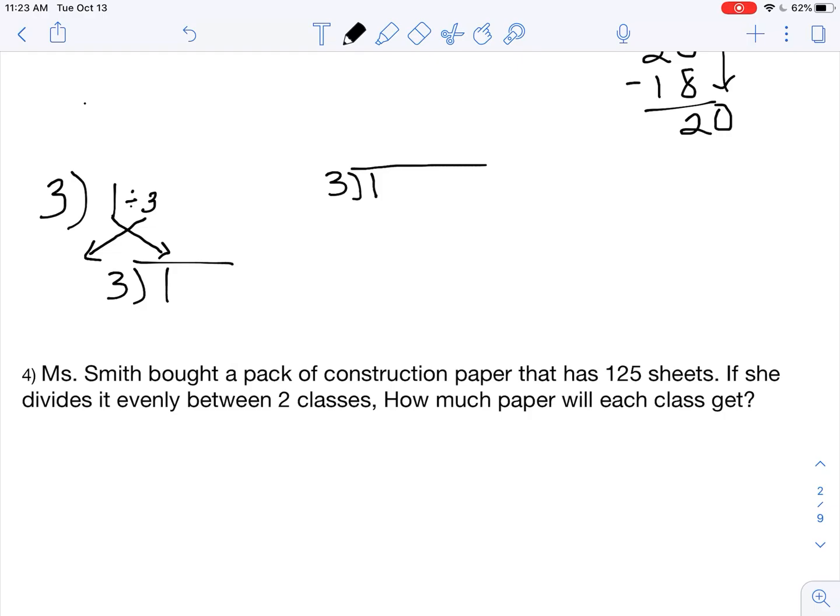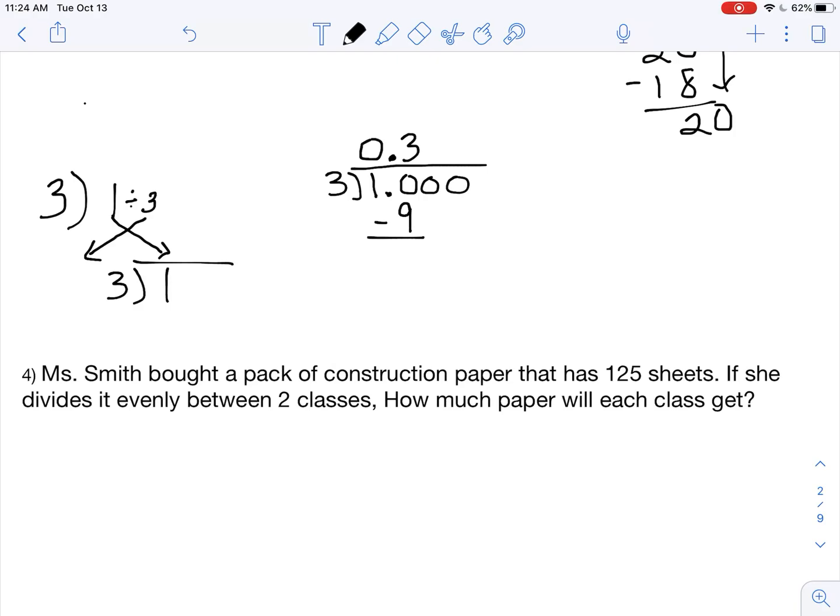I'm just going to give myself some more room here. So clearly I cannot make a group of 3 out of the 1, so we're going to put a 0 just above it. And then I'm going to add a decimal point like we did in the questions earlier, and some zeros. 1, 2, or 3, it's up to you. I'm going to bring the decimal point up into the quotient, and now I can do the division. 3 goes into 10 3 times. 3 times 3 is 9.